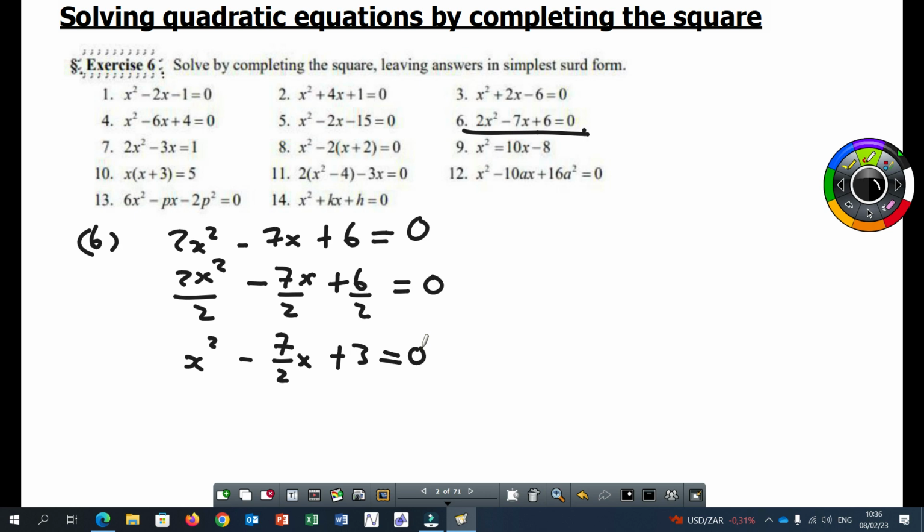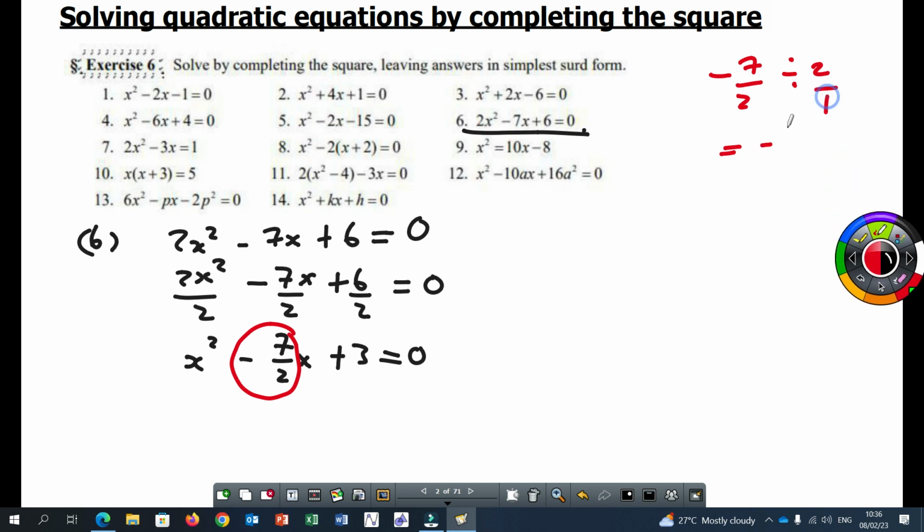Now if I want to complete the square, remember yesterday I told you, you must find half of the coefficient of x. So minus 7 over 2 divided by 2 is the same as minus 7 over 2 times 1 over 2, and you get minus 7 over 4.